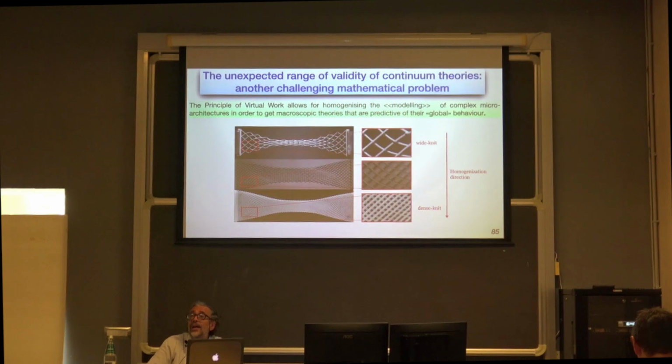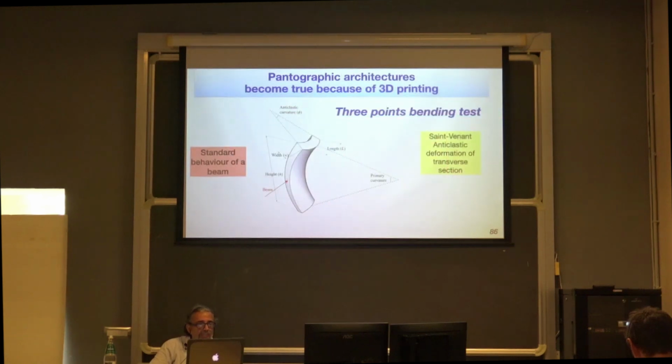Continuum models are valid even for wide-knit microstructures. Why? I don't know. I tell you that the applications are much wider than we expected. Do you remember Saint-Venant anticlastic deformation in the classical theory of beams?